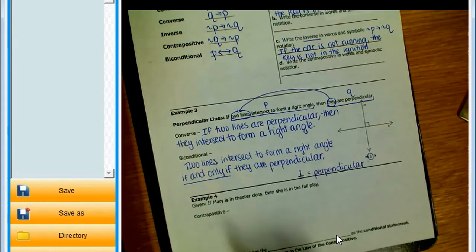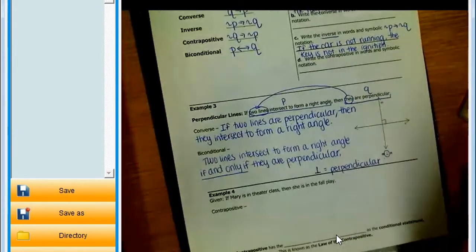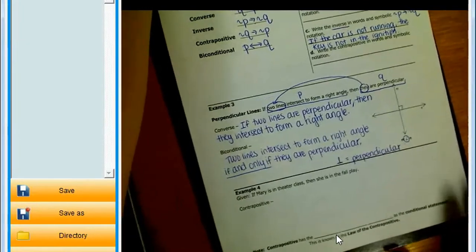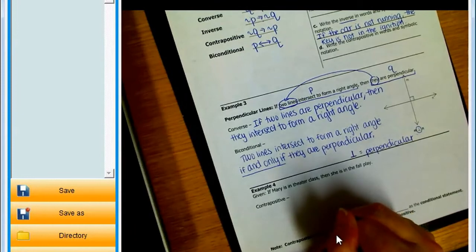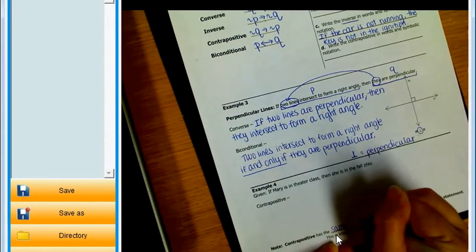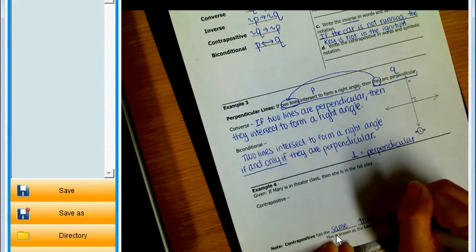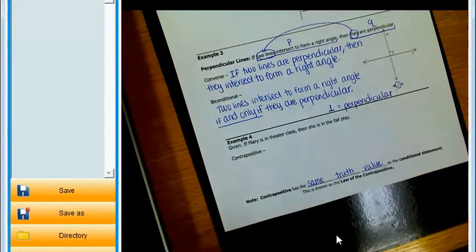I want you to try example 4 on your own, but it is important to note that the contrapositive has the same truth value as the conditional statement. This is known as the law of the contrapositive. What does it mean when we say same truth value?